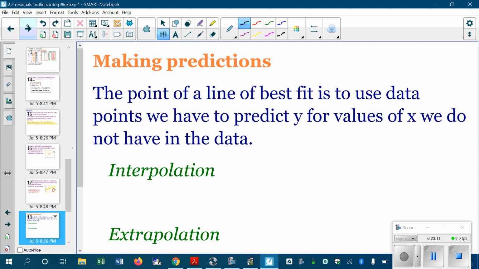Okay, one other loose end has to do with these two terms, interpolation and extrapolation. We find the line of best fit because we'd like to be able to use it to predict things, okay? And there's two kinds of predictions that you can make, interpolation and extrapolation.